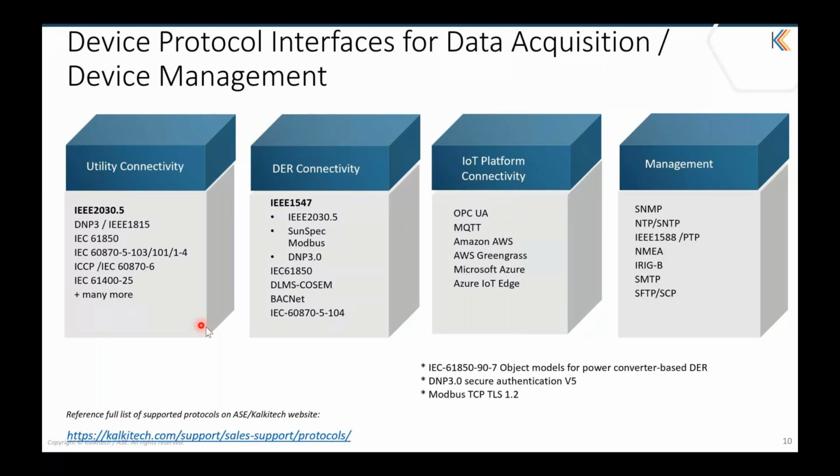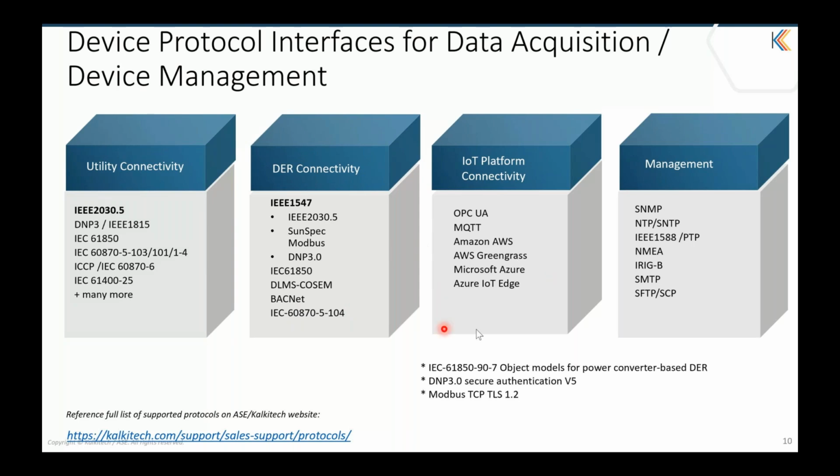On the downstream for DER connectivity, it supports all the standard protocols defined in the IEEE 1547 standard, which is 2030.5, SunSpec Modbus or DNP3. It can also integrate with equipment on IEC 61850, especially IEC 61850 7-420 model, which can be utilized to integrate with DER assets, and a few other protocols to integrate with meters like DLMS, COSEM, BACnet, all supported in the gateway as well as in the aggregator.